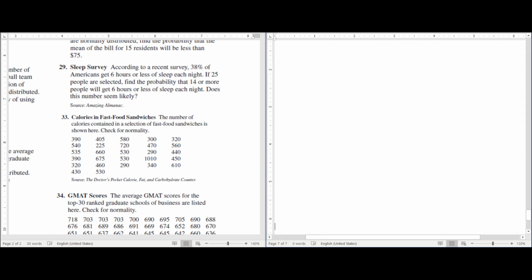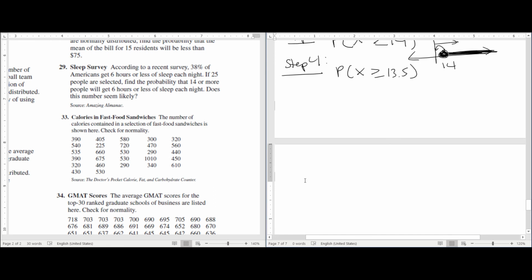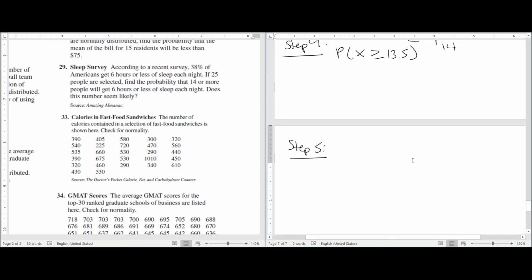Now let's go ahead and do step 5. I'll do it over here. We're going to calculate the z-score. So z is equal to x minus mu over sigma. So 13.5 minus the mu.